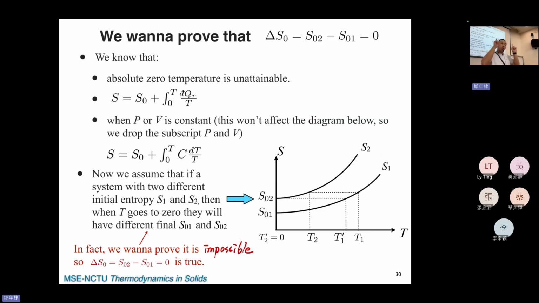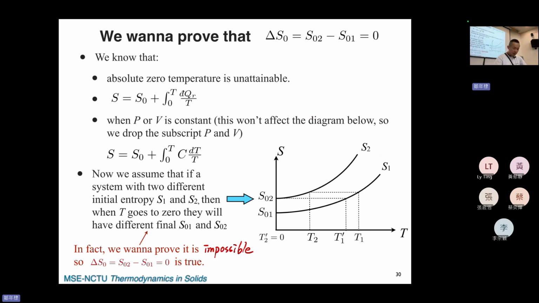This is the strategy. Now we assume that S naught 2 is greater than S naught 1, even at temperature equal to 0, absolute zero, and then prove that it is impossible.